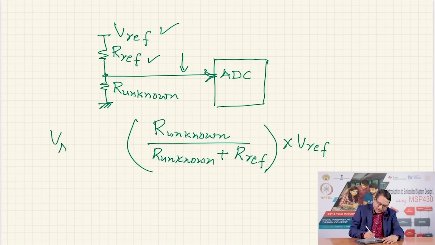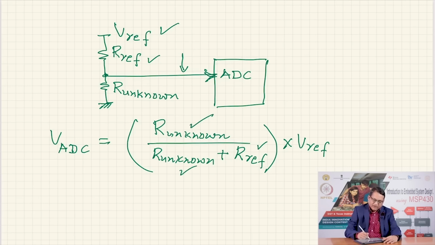This is the VADC, the voltage at the ADC input. Here I know the value of this, I do not know these values, and from this equation I can calculate the value of the unknown resistance.